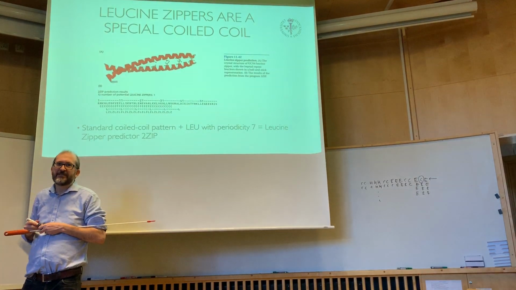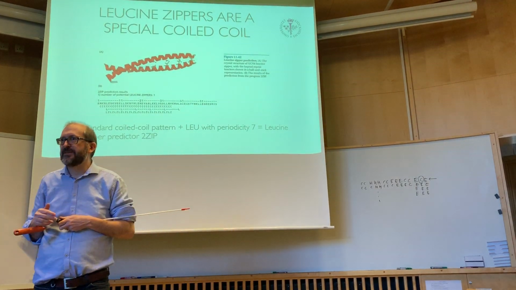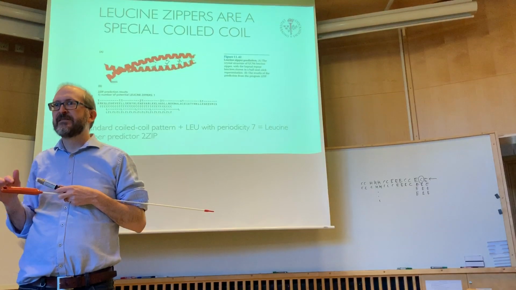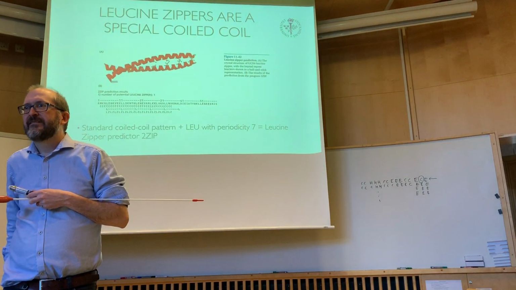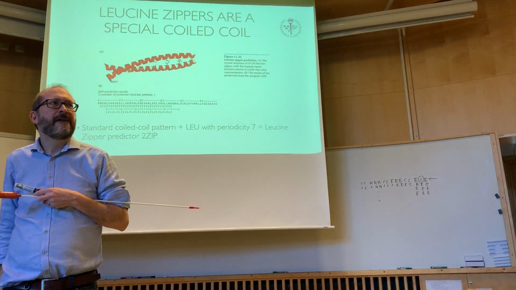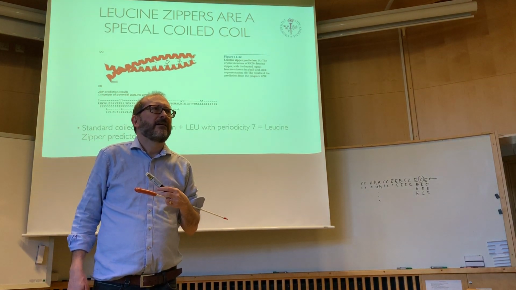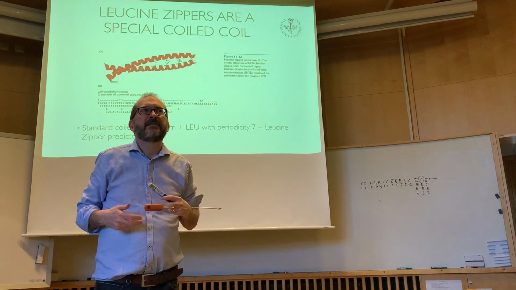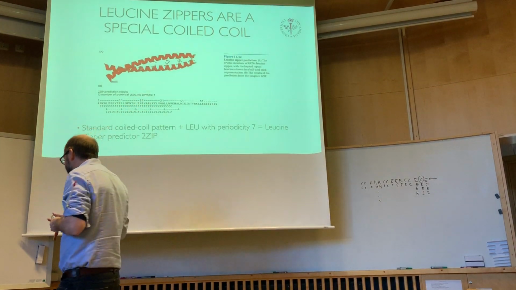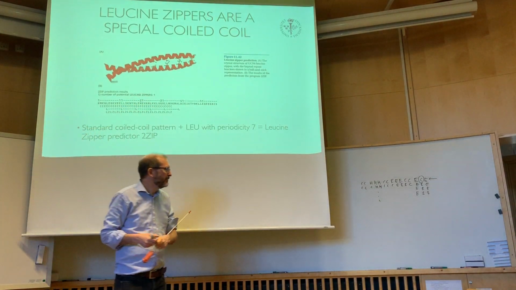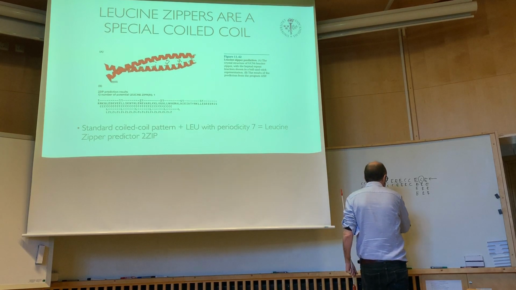Does anybody want to give me a plain English explanation of why they call them leucine zippers? Because they're two units like this, and you have the leucines in the middle, so it looks like a zipper. So you think they're interlocking? Yeah. That was the explanation that I heard when I was a graduate student.